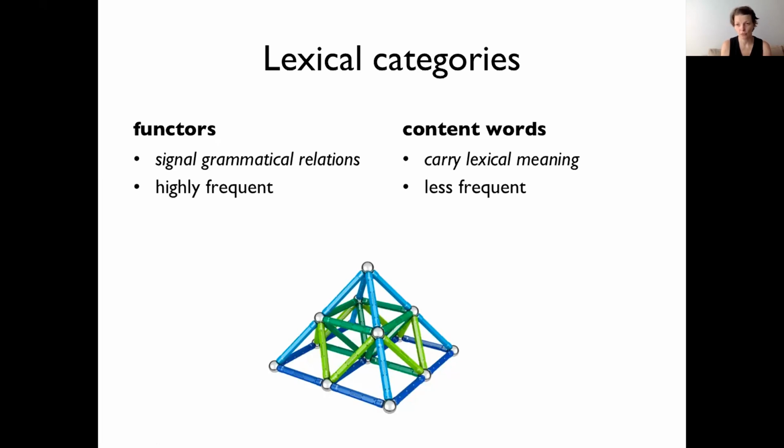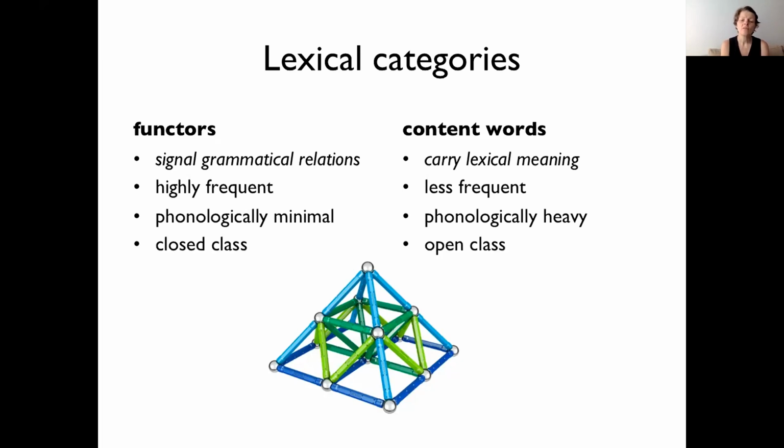Functors, at the level of individual tokens, are in general of high frequency, whereas content words are low in token frequency. Functors are typically phonologically minimal, however that is defined in any specific language. There's a variety of features that can be minimal, and these vary across languages, but some of these include being shorter, typically monosyllabic, having simpler syllable structure, reduced vowels, not carrying stress, and so on and so forth, whereas content words are phonologically heavy.